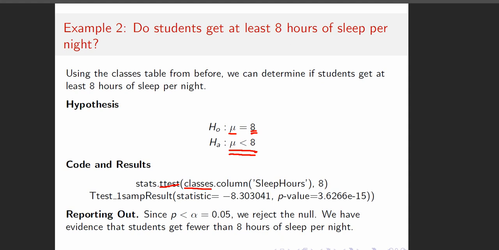Again, we're going into the classes table and using the column for sleep hours, because that's the variable that we want to look at. That's the column name. And notice that they left out the pop mean equals. They're just putting in 8, so we do know the value of the population mean for our null hypothesis. Okay, and let's go do this.